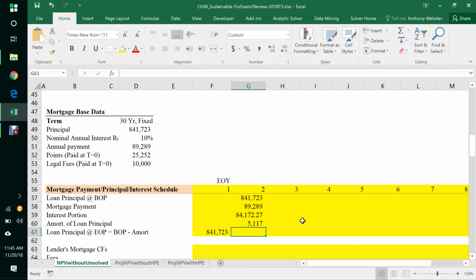And also, I'm always really anal about keeping my decimal places the same, because it really helps you prevent mistakes. At just a quick glance, all of a sudden this looks like a huge number, and it's just because it's showing more decimal places. So I'm going to bring it back to look like everything else, okay? Just a little tip to help you from making mistakes there. And then the loan principal at the end of year 2 is equal to whatever it was at the beginning of the year minus the amount we've amortized, okay?